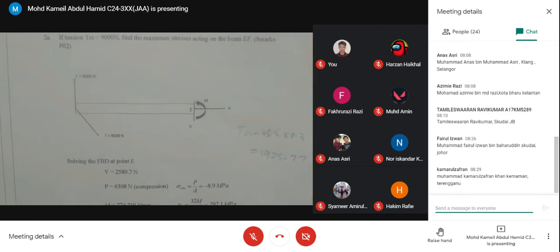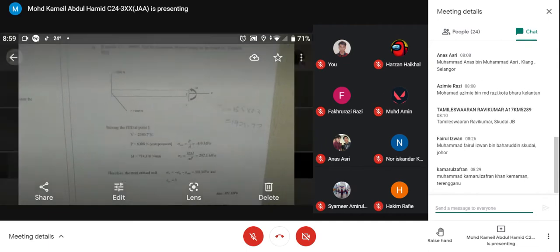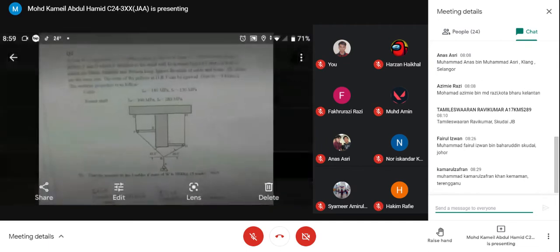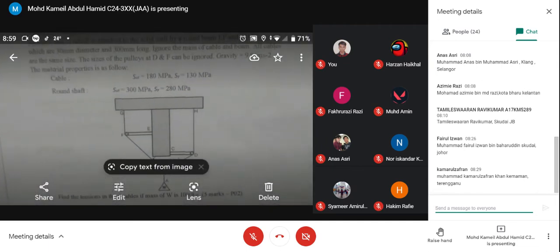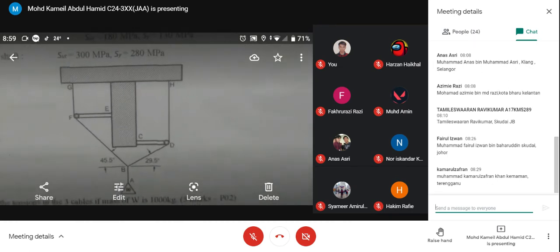So let's redo it. From the pulley, your EF, and then the tension TFB. The cable FB is now 9,000 Newton. What is the maximum stress acting on the beam EF?